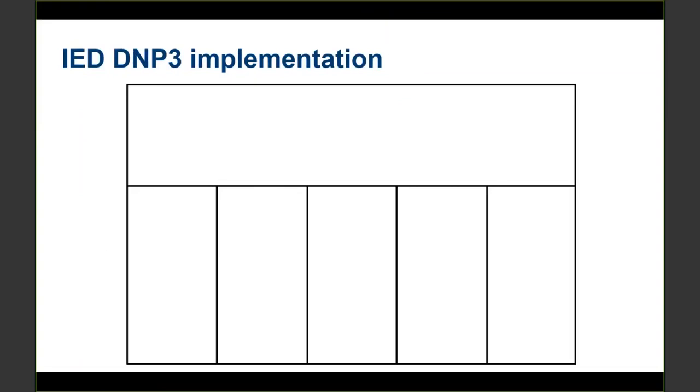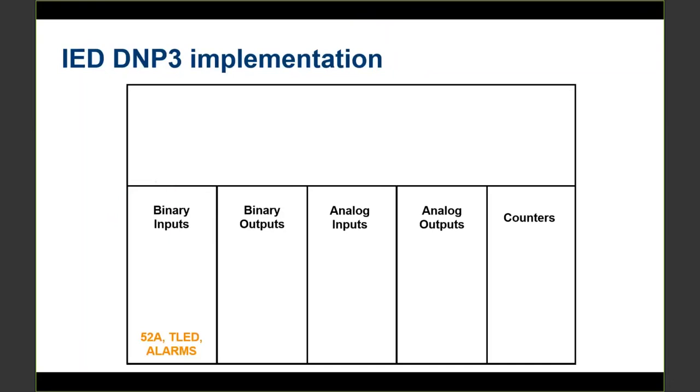Here is one example of the DNP implementation. The entire DNP map is divided into different types of objects. We can have binary inputs, binary outputs, analog inputs, analog outputs, and counters. Here are some examples of what type of information we can send through the DNP map.